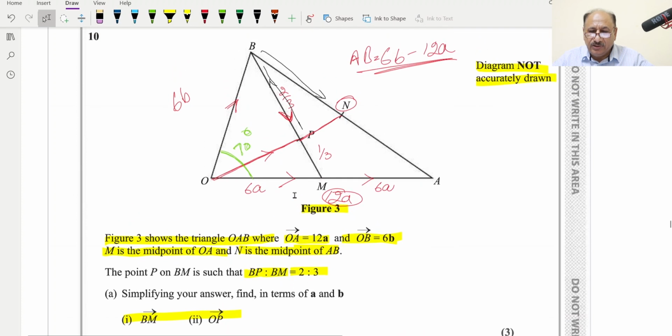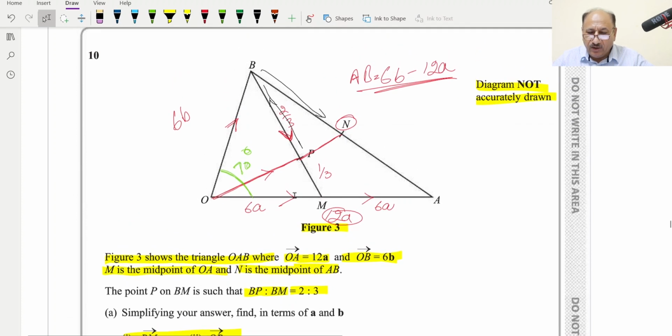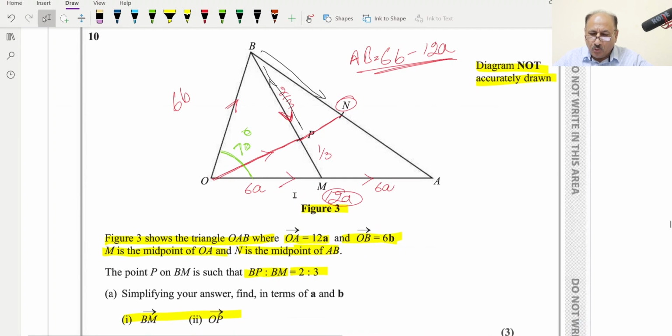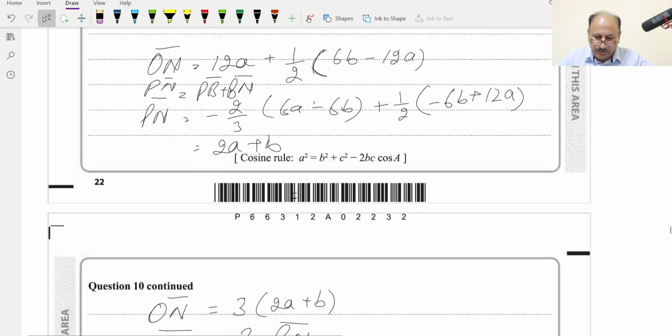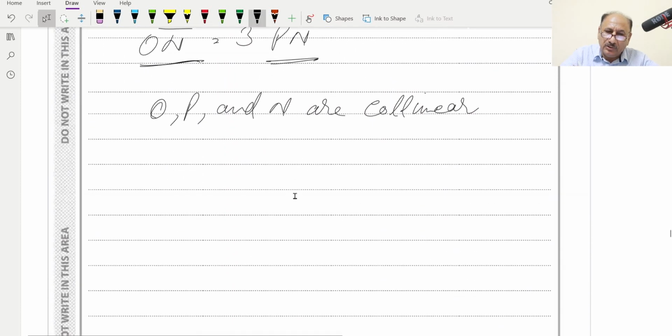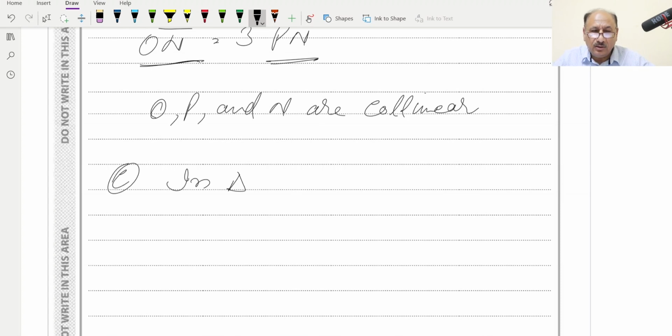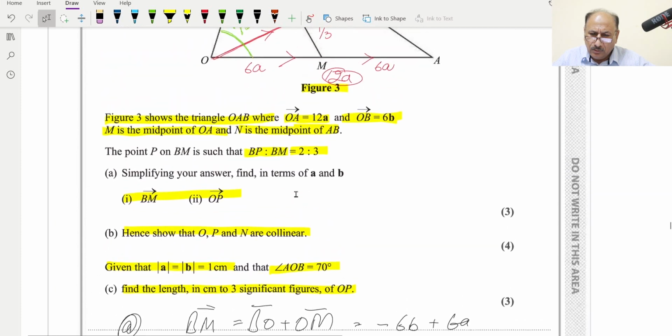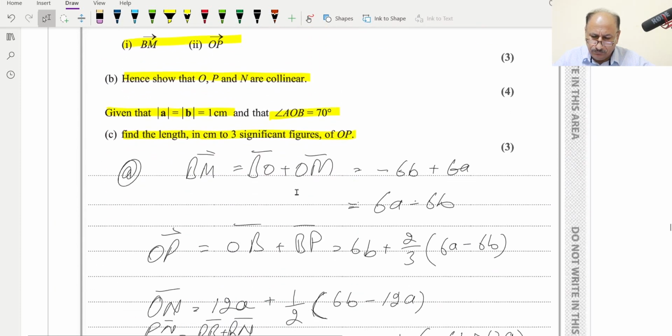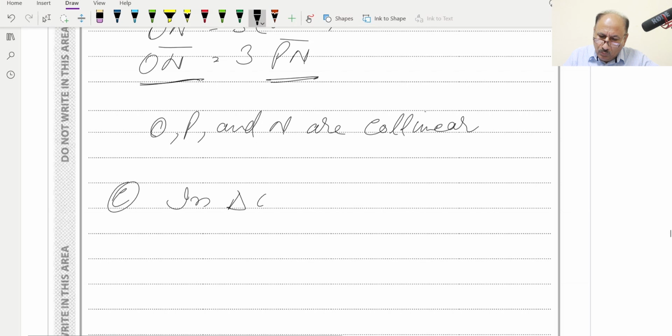Basically, first we will be finding BM. We will be considering triangle OBM, and we will find BM. So in triangle OBM, BM square is equal to two sides.